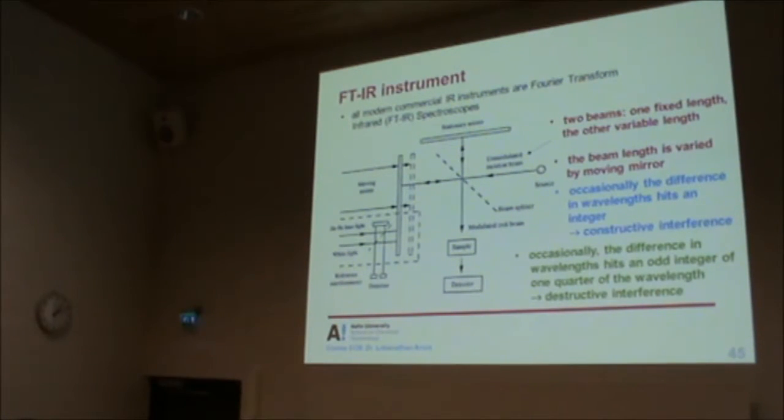But because of the sample, the sample absorbs certain radiations, and the absorbed radiation will introduce some variation in intensity other than the interference. So the computer has the interference pattern and the knowledge of the interference intensities that are supposed to be there, but the sample has absorbed some radiation, so it tries to calculate which frequencies have been absorbed.